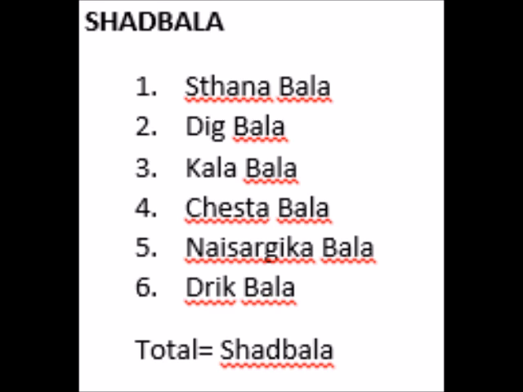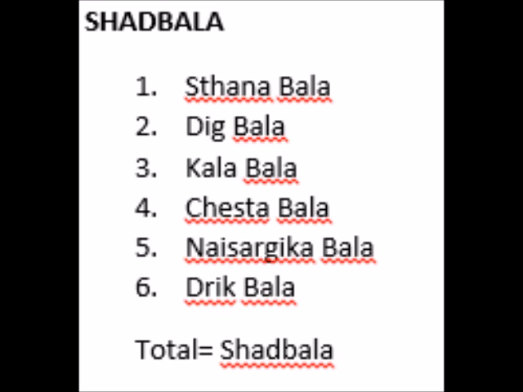Sthanabala is based on the positional strength of the planet. Digbala is based on the location of a planet, not in a sign, but in a certain house. For Kalabala, the planet gets maximum points based on the strength it gains because of time, what time of the day that planet is placed.